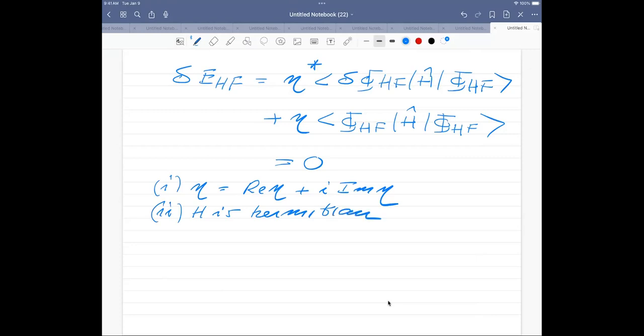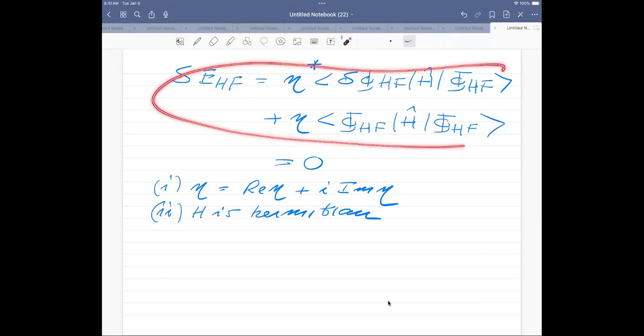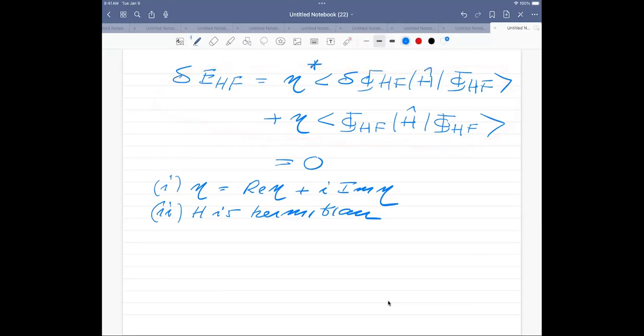Then we can rewrite this equation here, which we want to drive to 0, in the following way.